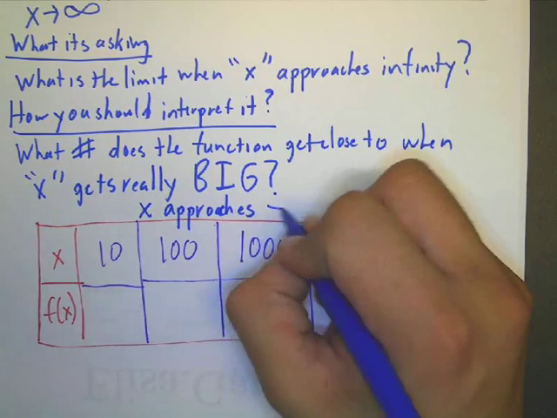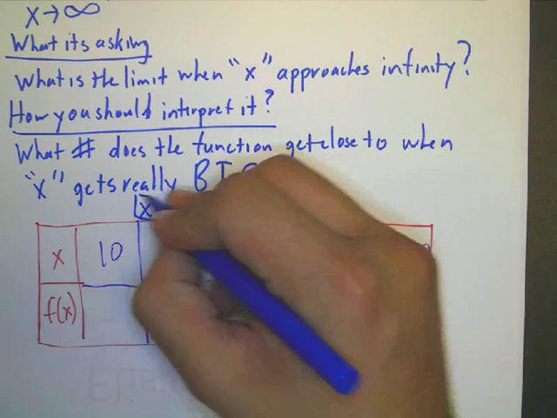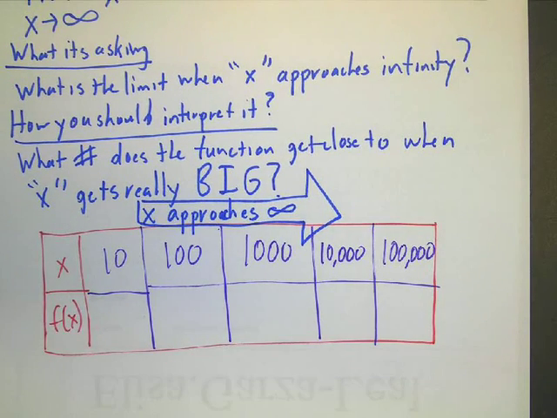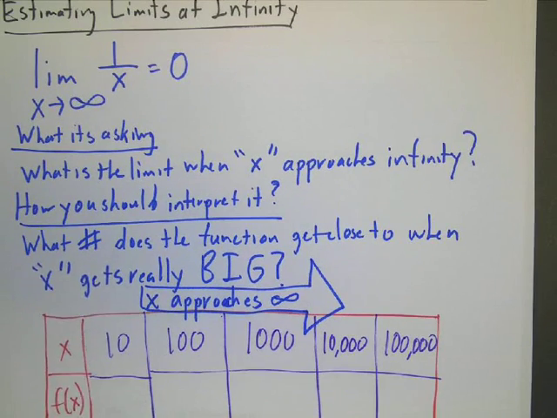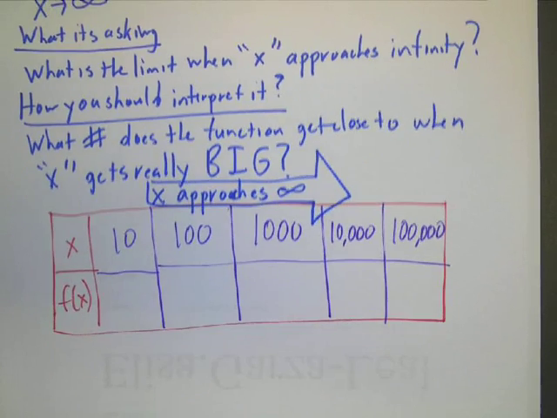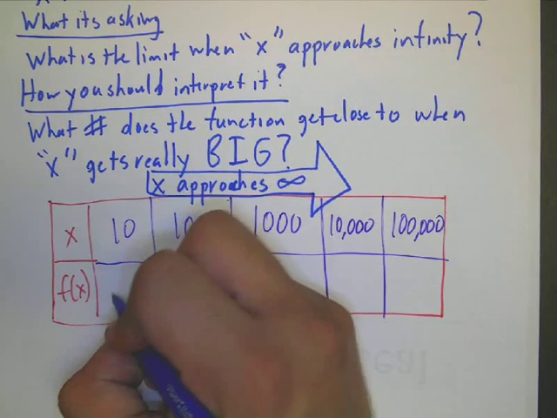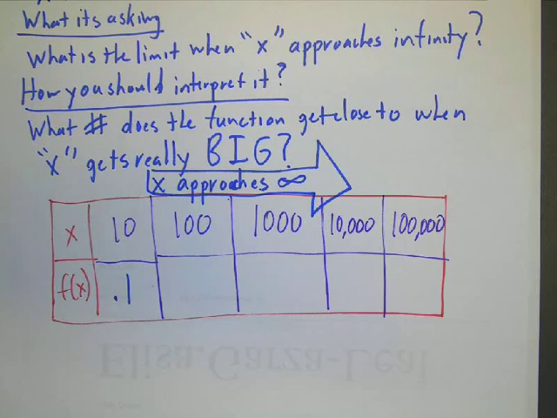So when I plug these in, I'm just going to plug 1 over whatever value that is. You might actually be able to tell what it is. 1 over 10 is just what? 0.1. 1 over 100 is 0.01. Good mental math there. What about 1 over 1,000? You get it. Y'all got the pattern here.